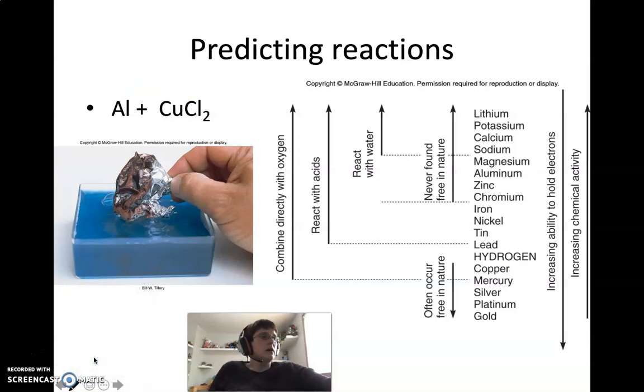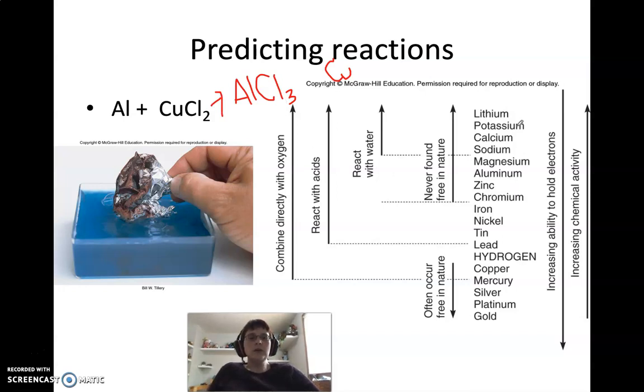Let me look real quick. So aluminum is +3, so it would be AlCl3. And then copper hanging out by itself. That's going to be the rest of that reaction.